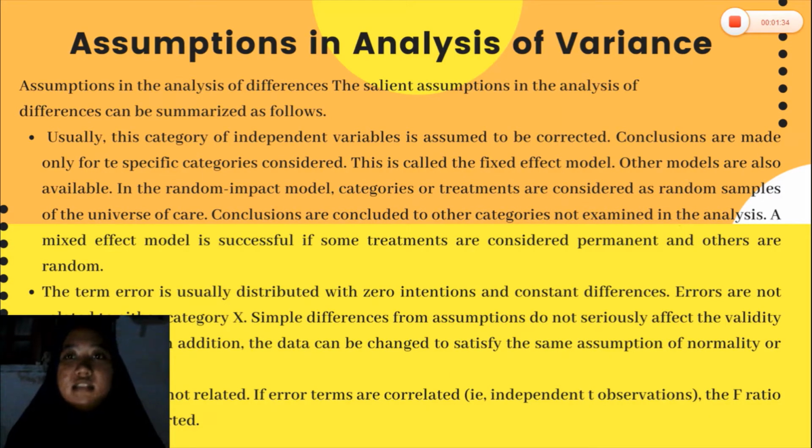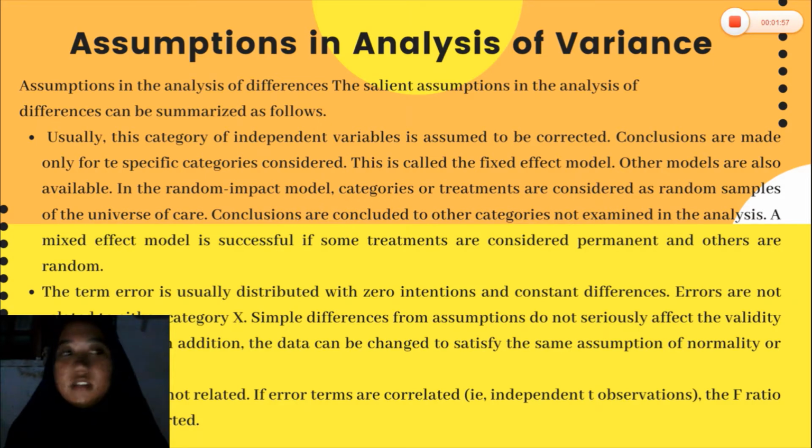Assumptions in analysis of variance. The salient assumptions in the analysis of variance can be summarized as follows. Usually, the categories of the independent variable are assumed to be fixed. Conclusions are made only for the specific categories considered. This is called the fixed effects model.